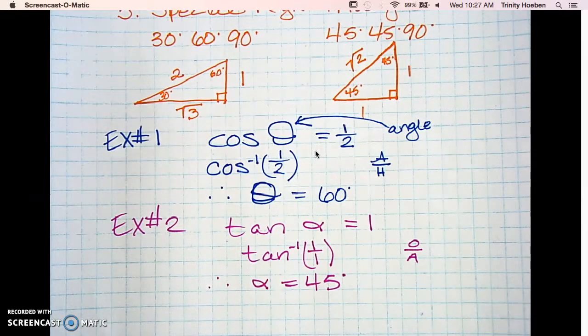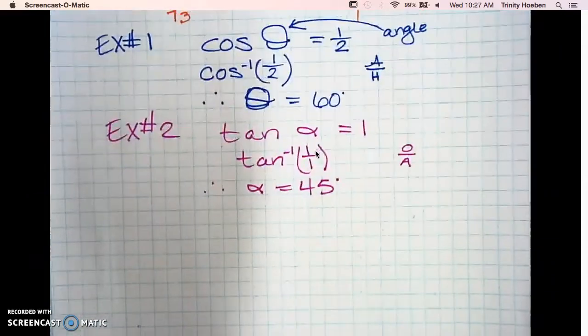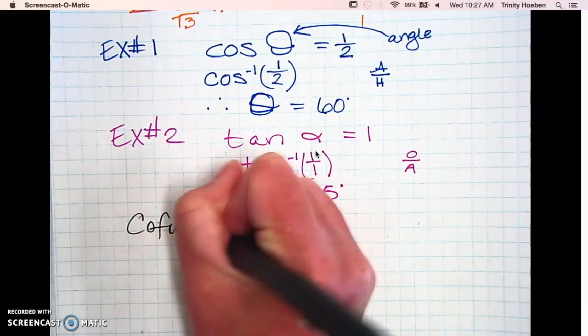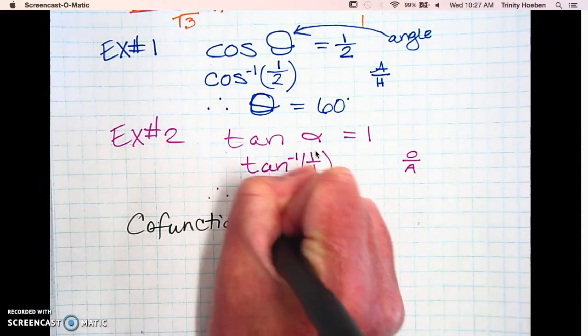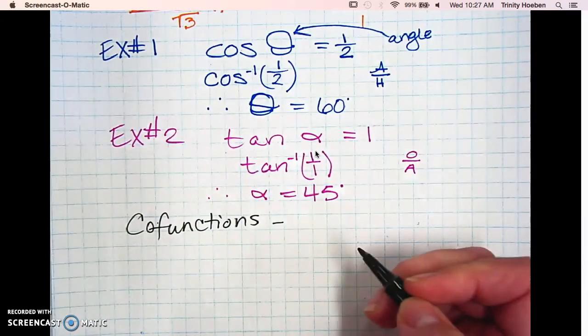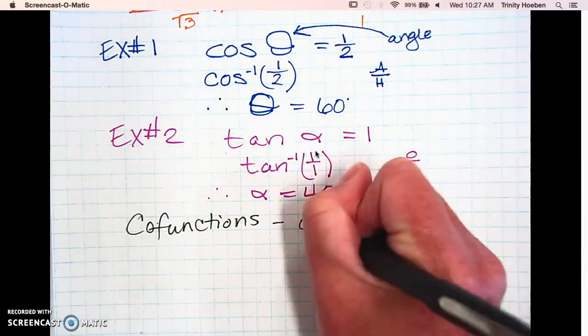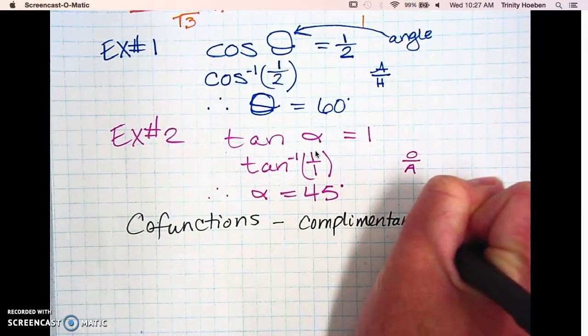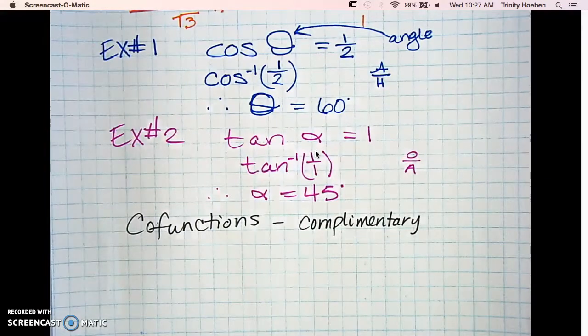All right. Another thing this section brings up is something called cofunctions. Cofunctions are just going to be angle pairs that are complementary. So in geometry, you learn about supplementary and complementary, and you talk about supplementary a lot, right, in geometry, where it adds up to what? 180.